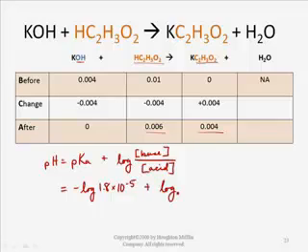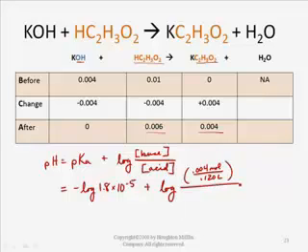Now, what is the molarity of our base? This was in 120. So the base is going to be 0.004 moles per 0.120 liters. And then the acid is going to be 0.006 moles over 0.120 liters.